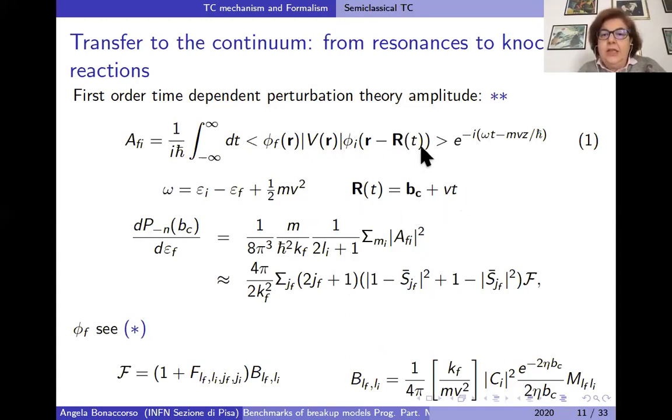This is the initial wave function, which is calculated in a moving reference frame, because of course the projectile is moving in this reference frame. So this is Fourier transformed. In time-dependent theory, the wave functions have the radial part, but also some exponentials, which take into account initial and final binding energies.